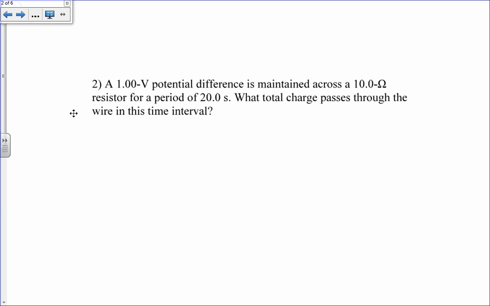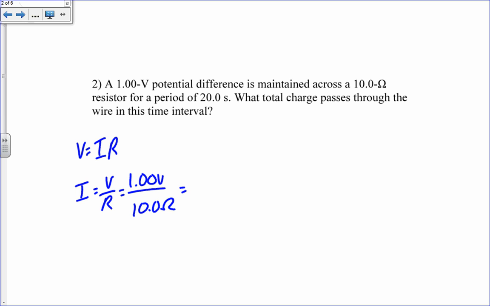A 1 volt potential difference is maintained across a 10 ohm resistor for a period of 20 seconds. What total charge passes through the wire in this interval? All right, well, Ohm's law is V equals IR. So first I want to find the current. That's 1 volt over 10 ohms, so that's 0.1 amps.